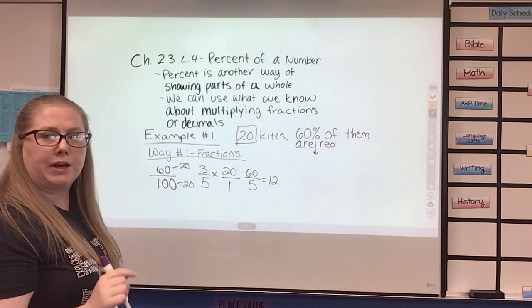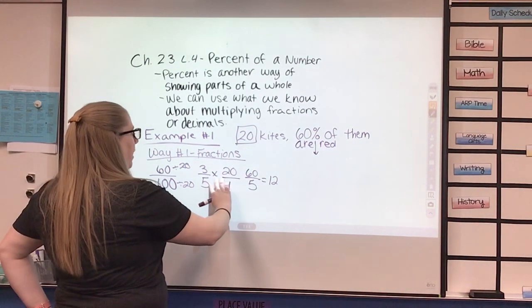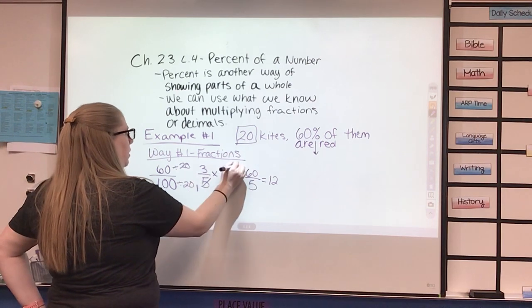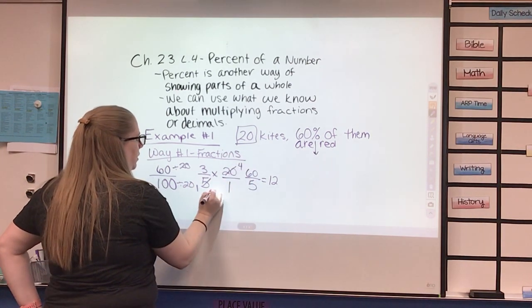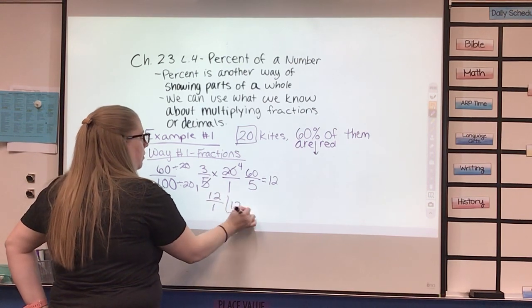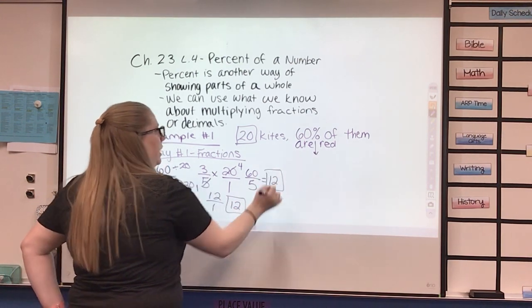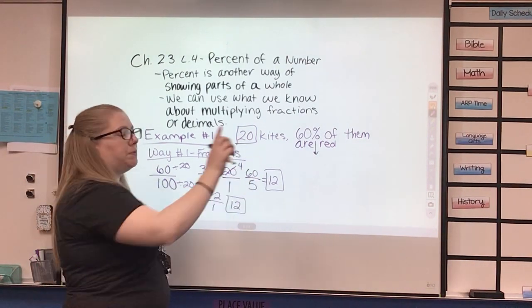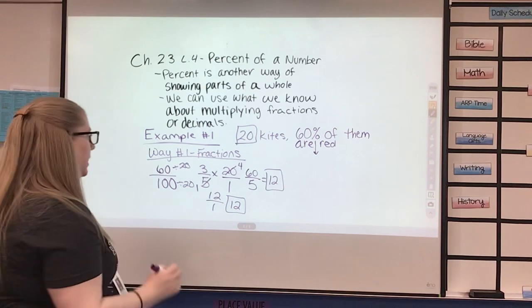Or some of you like to cross cancel, so 5 and 20 have 5 in common. So this is 1, this is 4, then I have 12 over 1, which is 12. So either way, the answer is 12. So 12 is 60% of 20.